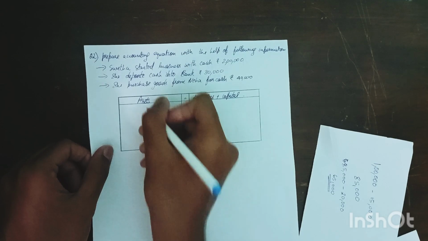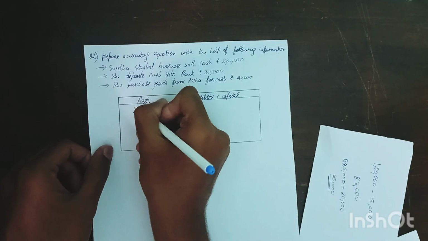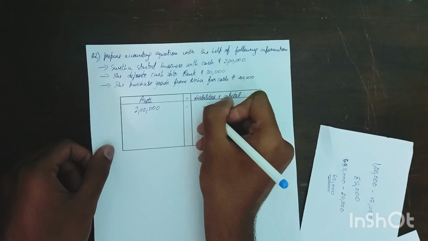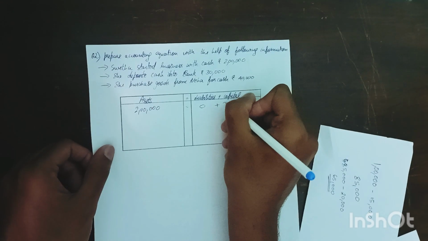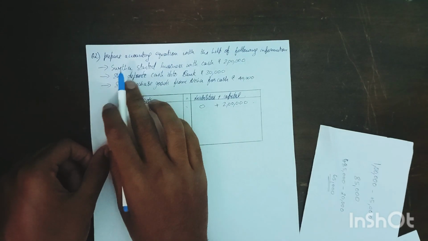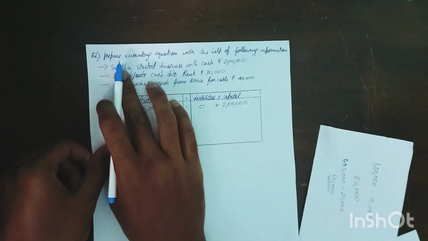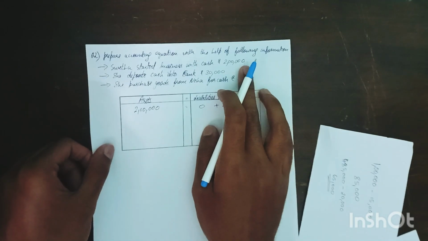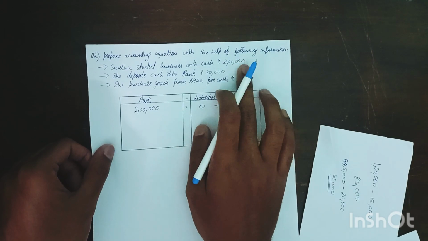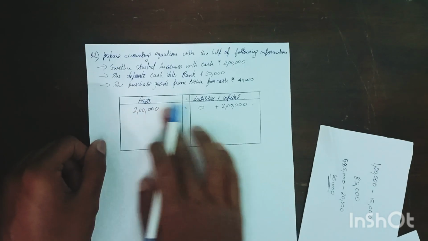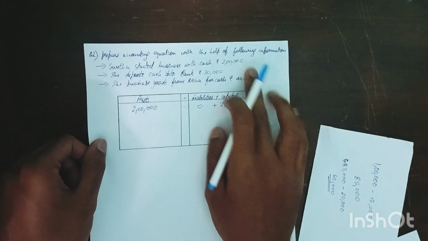So we write 2 lakh is equals to 0 plus 2 lakh. Whenever this type of question is given, just see what the amount is and put it into the assets and into the capital. Don't think too much about this question.